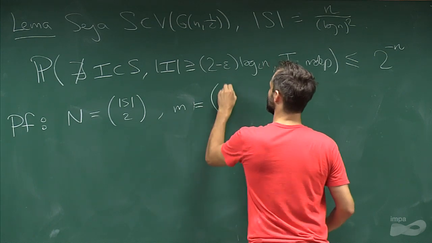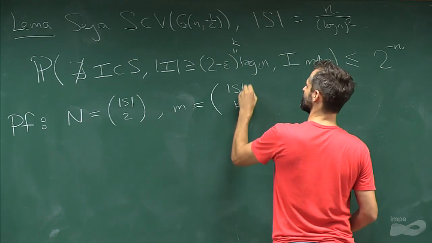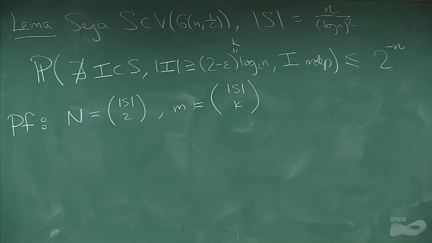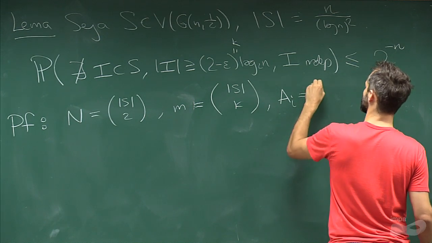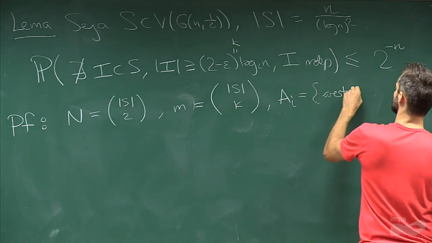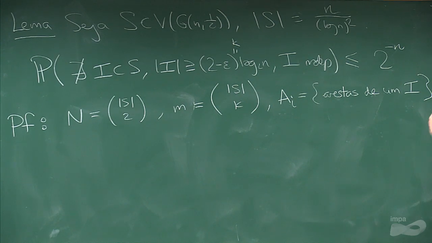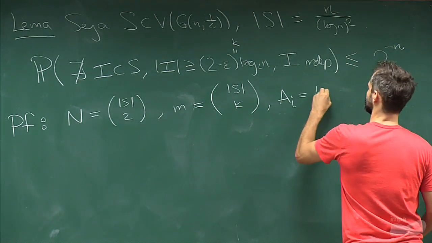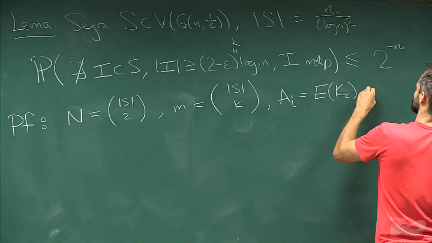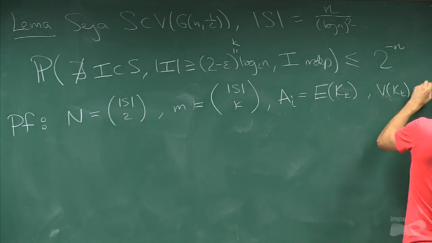M is the size of S, choose this thing, which I'll call K. And the Ai is the set of edges on a set I of size K. Is it clear?